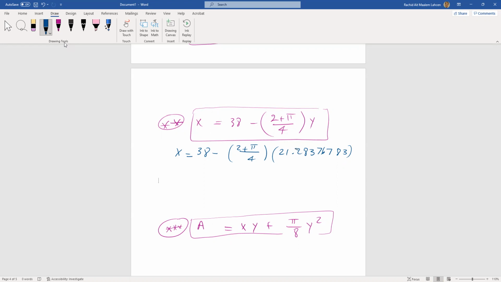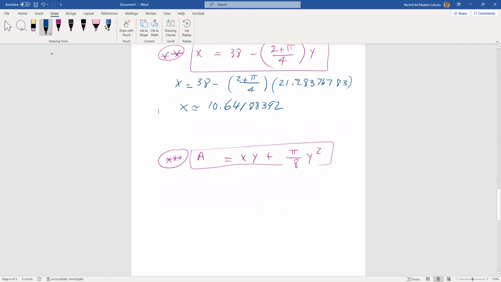But just to keep the point of not rounding in the middle, I just use everything. So x came up as 10.64188392. And now I have both values, then I put in the 3 stars that I have from the beginning.